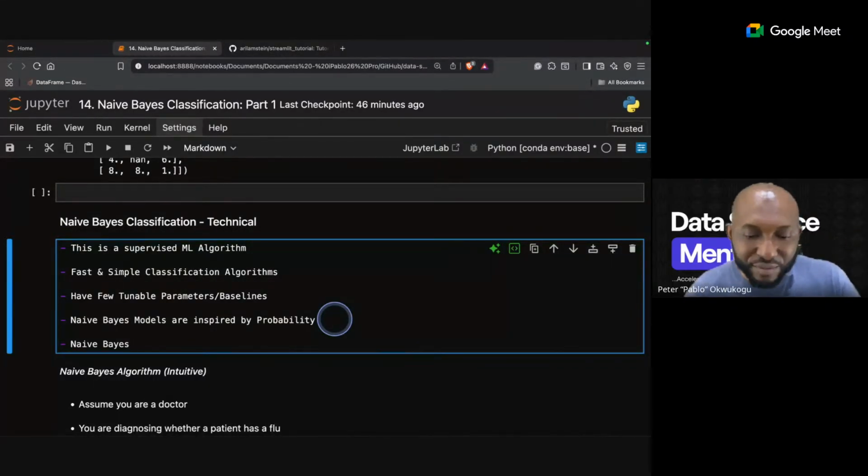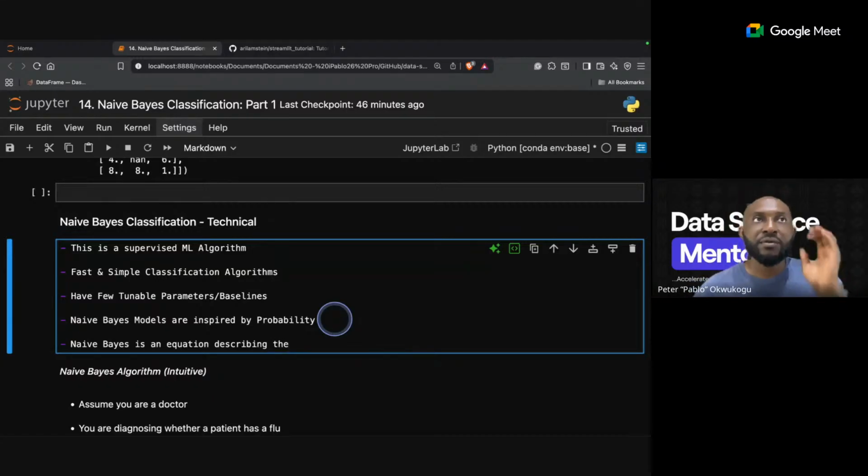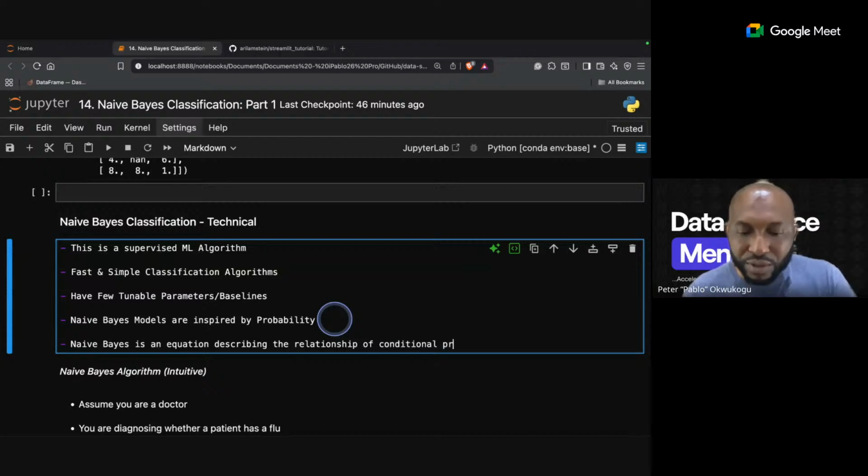So Naive-Bayes is an equation describing the relationship of conditional probabilities.